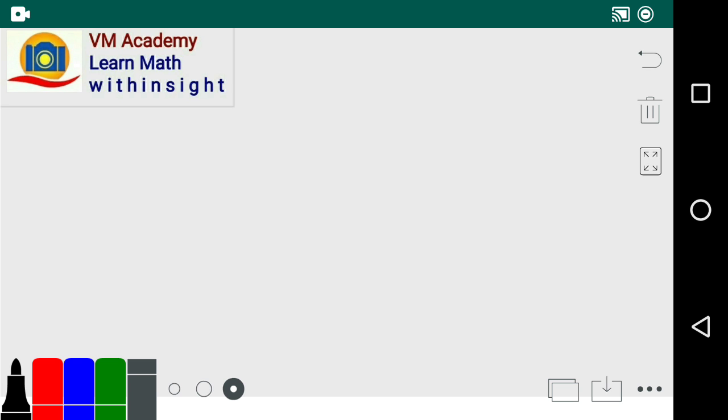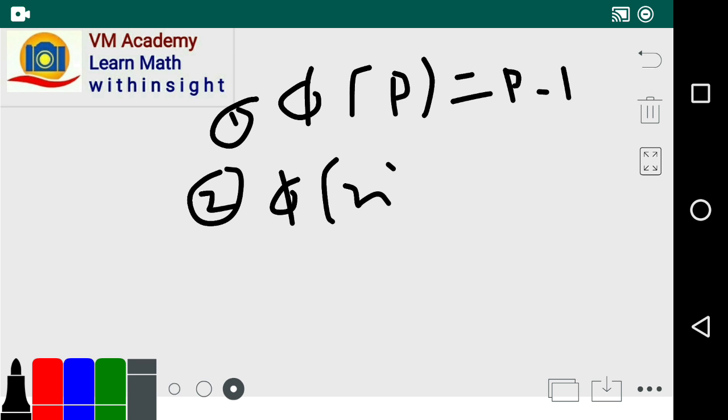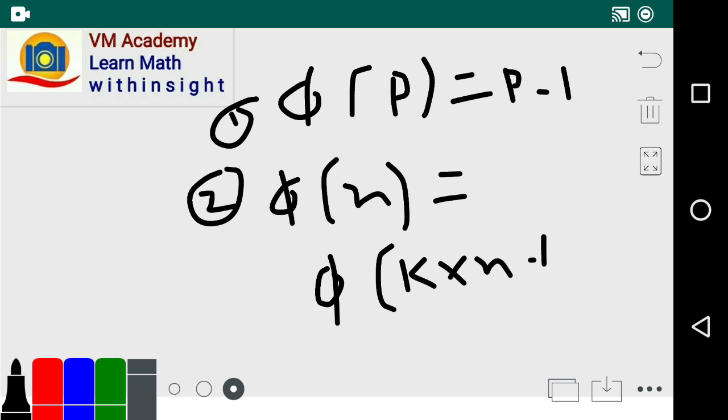Now up to this point, phi of p equals p minus 1 if p is a prime number. This is the first result. The second result is, friends, phi of kn to kn plus 1 is also going to be equal.